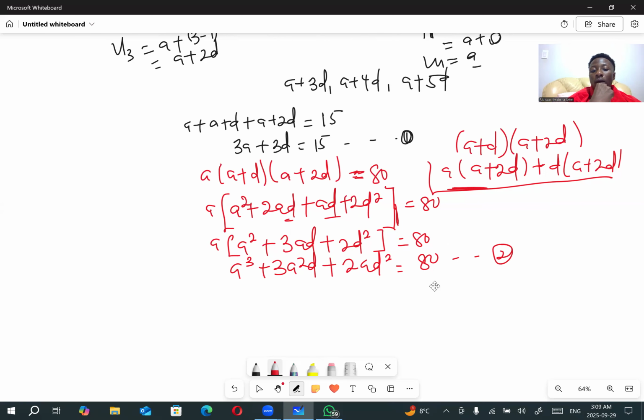So this is equation 2. Now that you have this, we're thinking of how to solve these two equations, because they all have variables. The best way to go about this is to use substitution, the one I told you. You make A the subject, or B or D the subject, whichever one you're comfortable with.